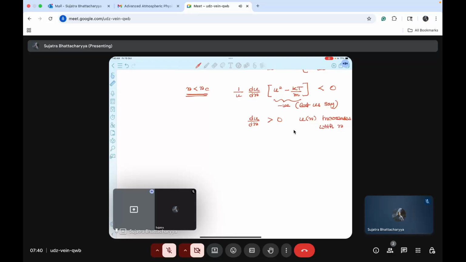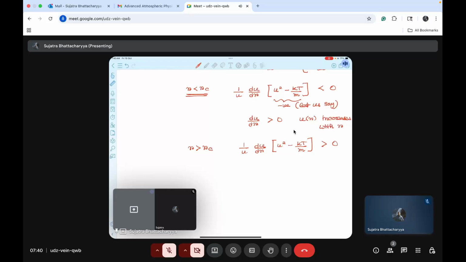Perfect. So this is showing that there is some kind of an acceleration visible here. But let's say r is greater than rc, then what will happen? Same expression, U square minus kT by m is greater than 0, right? Because at larger distances we have seen that the term related to the pressure gradient is dominating.